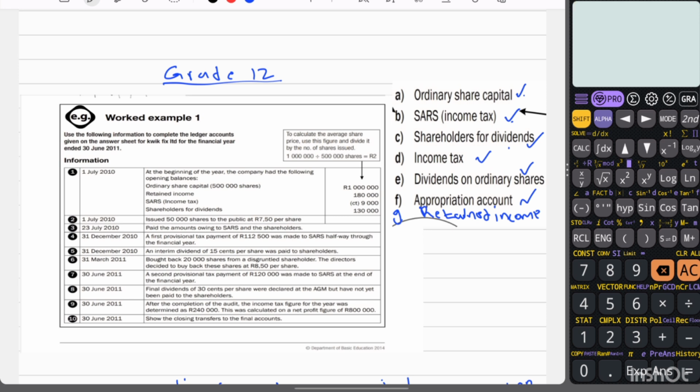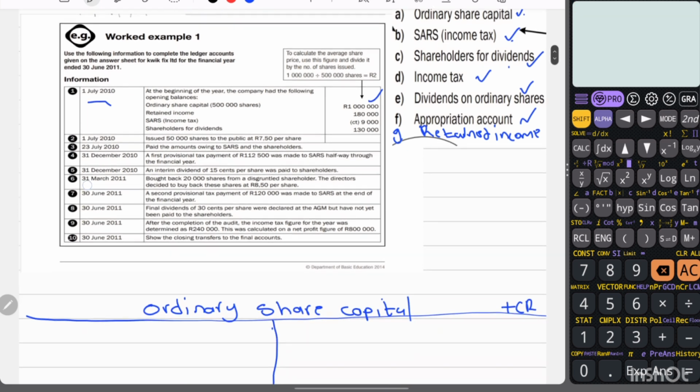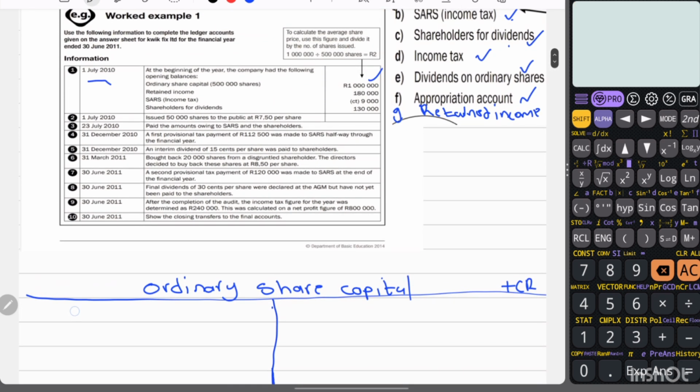All right. Can we go through now our information? Our information goes as follows. On 1 July 2010, which is the beginning of our financial year, at the beginning of the year, the company had the following opening balances. We are having our ordinary share balance as how much? As 1 million rand.